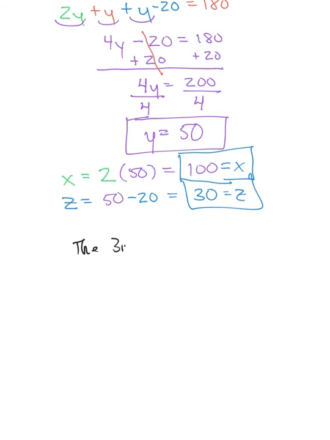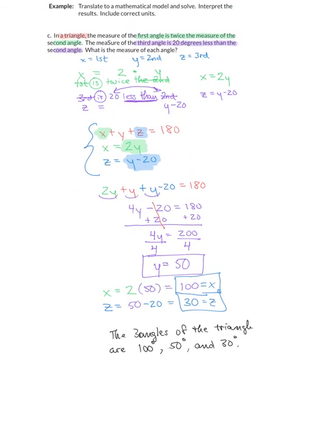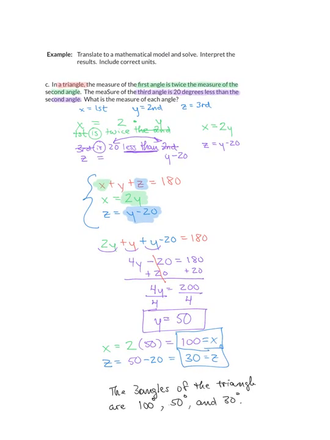The three angles of the triangle are 100 degrees, don't forget your units, 50 degrees, and 30 degrees. And there is that problem. Again, this is going to be the only one that we will look at that has three unknowns, but hopefully you can kind of follow along and see how this works.